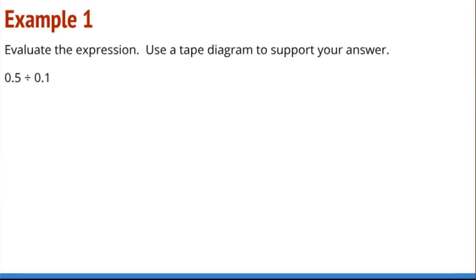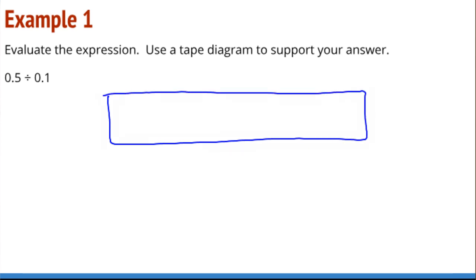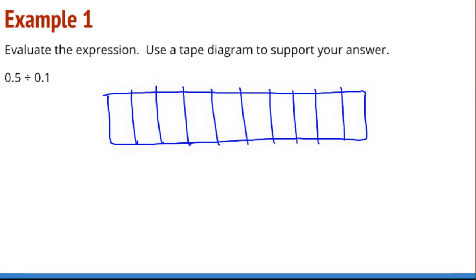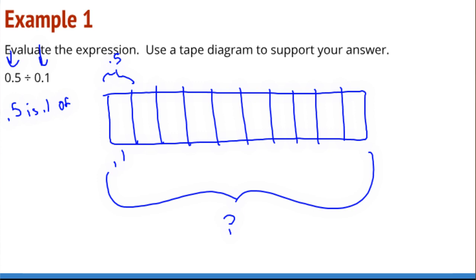So if we were to model this with a tape diagram, what would it look like? Well, here is our tape diagram, and we've got our tenths, 1, 2, 3, 4, 5, 6, 7, 8, 9, answering the same question. 5/10 is 1/10 of what number?